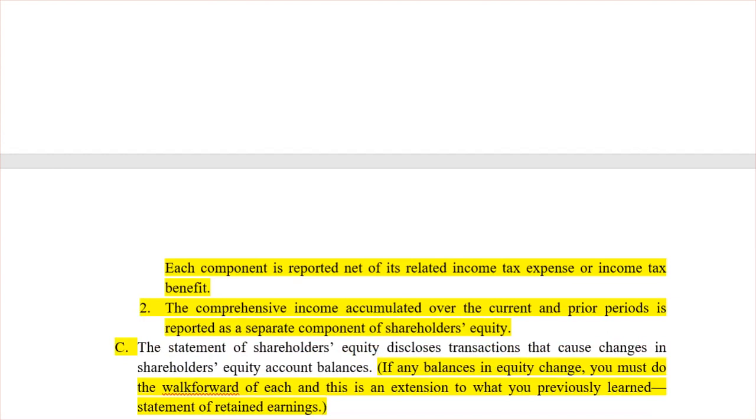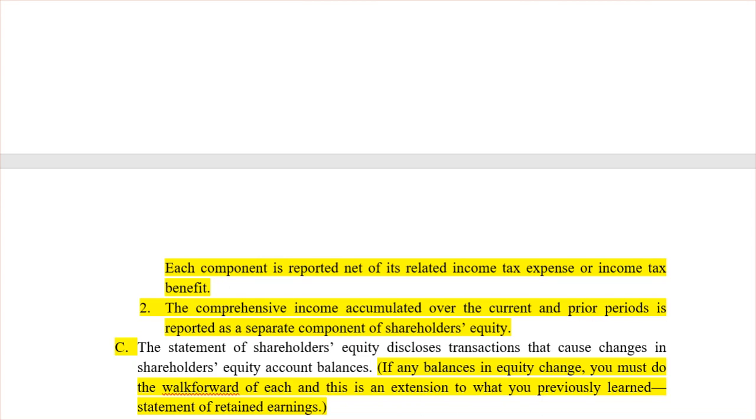shareholders' equity. Previously in your other class, you talked about it as a statement of retained earnings, and you called it one of the 4 required financial statements. I'm going to say, well, that's kind of the story, but in Intermediate 2, we expand the story, and the expanded story is that if you have changes in any of your equity accounts, you need to do a walk forward.